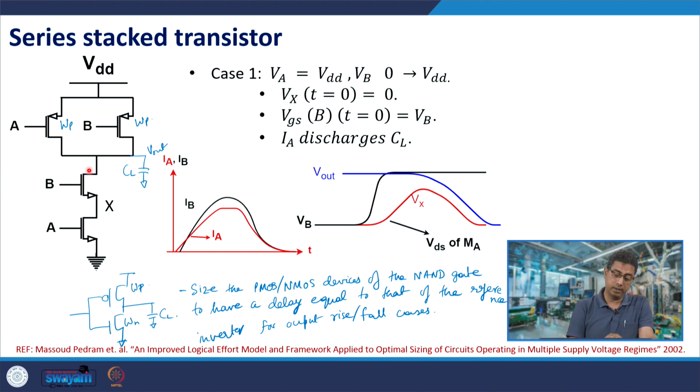Then once its input voltage stabilizes to VDD, it would have a falling current, its current would start reducing, okay. When its current is constant, even then the output is getting discharged, and what is observed is that the charging of Cx also becomes almost 0. So, Cx is now charged to a certain value and it would remain at that value for a while.